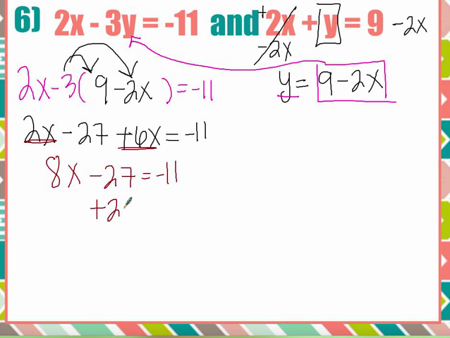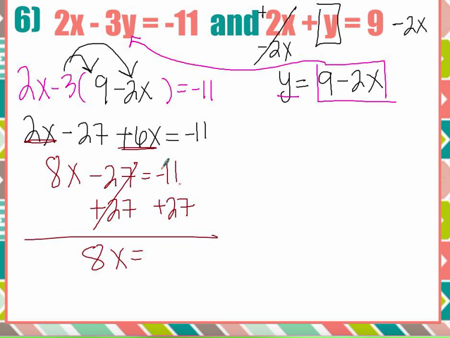I need to add 27 to both sides. I've got 8x equals negative 11 plus 27, which is really 27 minus 11, so that gives us 16. And when I divide by 8 on both sides, I find out that x is equal to 2.